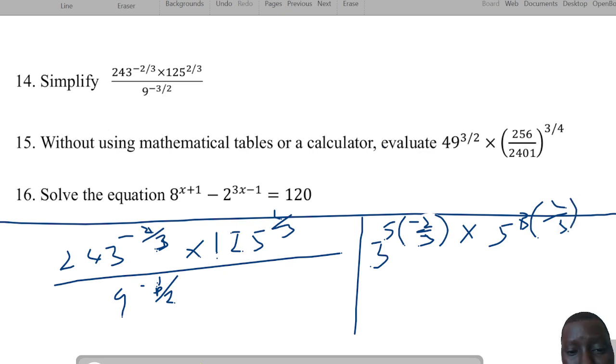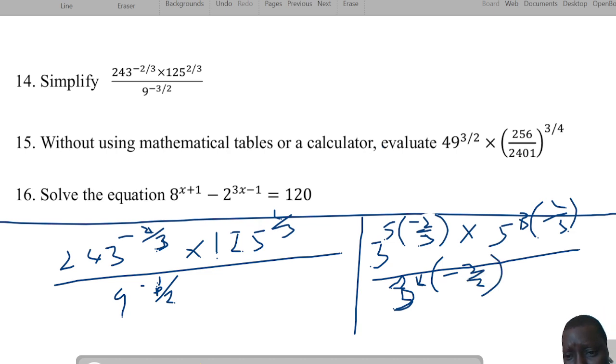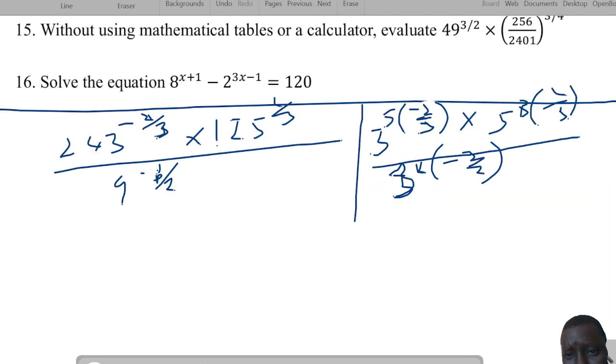Then this one we divide by 9, and 9 is the same as 3 power 2. This ought to be 3 power 2, then into negative 3 all over 2.